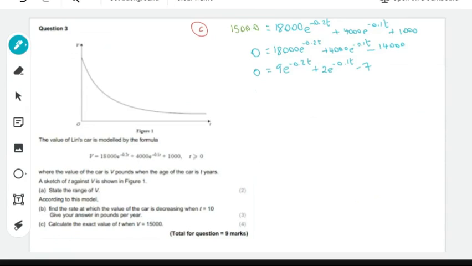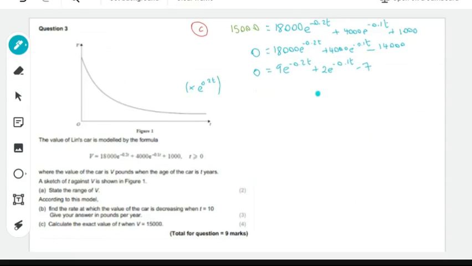But what about 9e to the power of minus 0.2t times e to the power of 0.2t? Oh, I get 81. But wait, you're not timesing it by 9 e to the power of 0.2t. You're timesing it just by e to the power of 0.2t. Oh. Would you just get the 9 then? You just get the 9. How does that work?